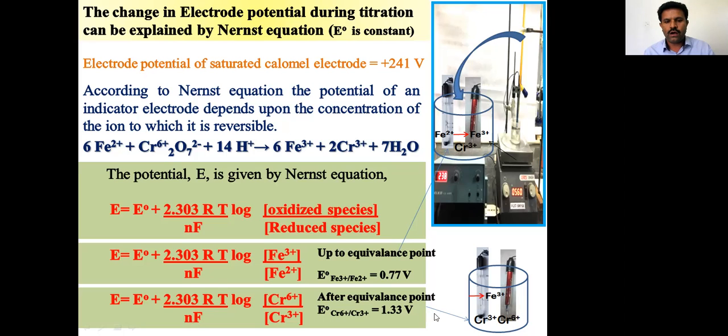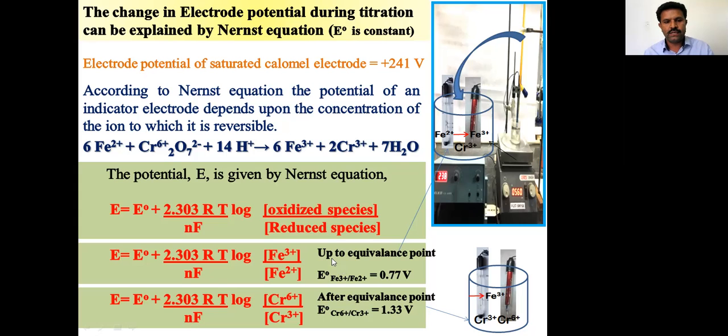After this equivalence point, after this complete oxidation, why does the EMF suddenly change? Because the standard electrode potential for chromium 6+/chromium 3+ is 1.33 volt. It's almost double the ferric system. Hence this system is responsible for the electrode potential after complete reaction.